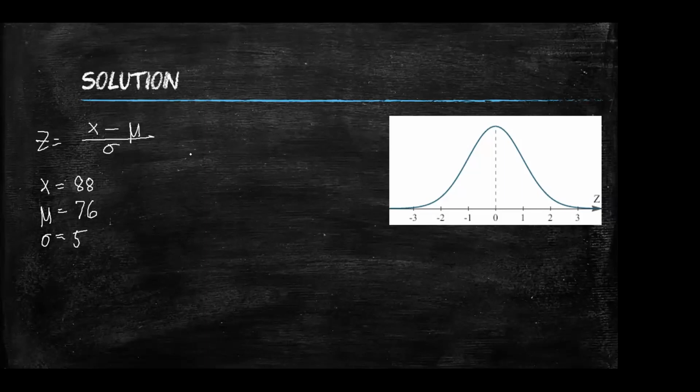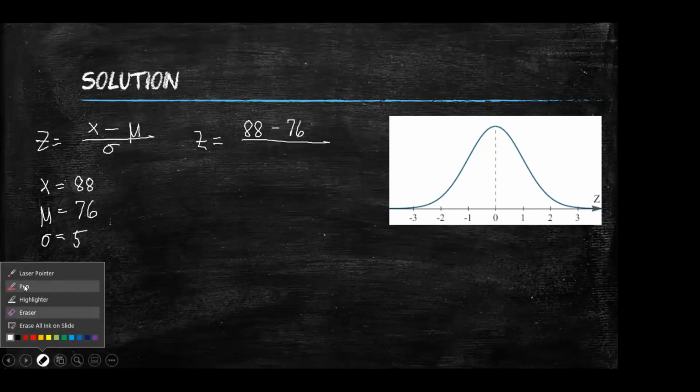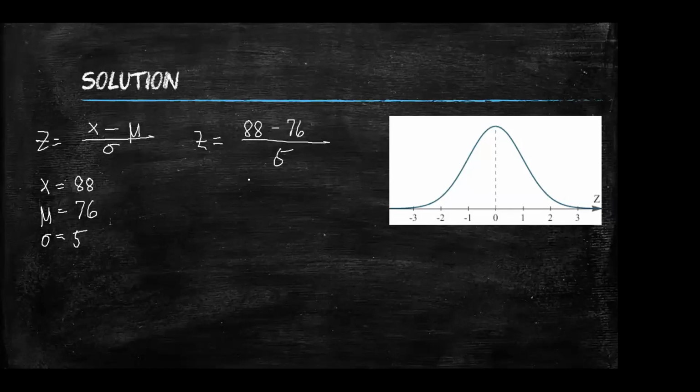So, simply substitute the given. Z is equal to 88 minus 76 over 5. Sorry, my 5 looks like a 6, but it is 5.